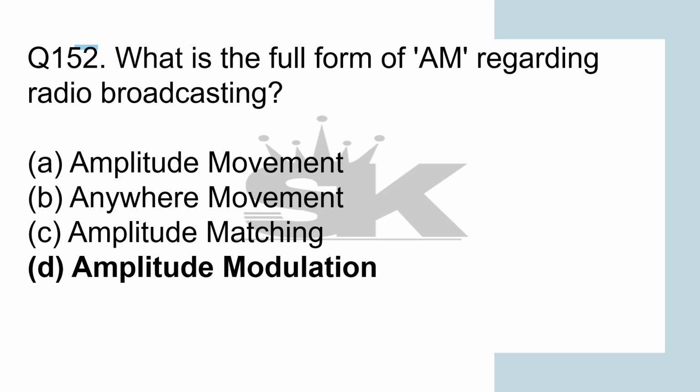In amplitude modulation, the amplitude of the carrier wave is varied in proportion to that of the message signal being transmitted. Amplitude means the signal strength, we can say.